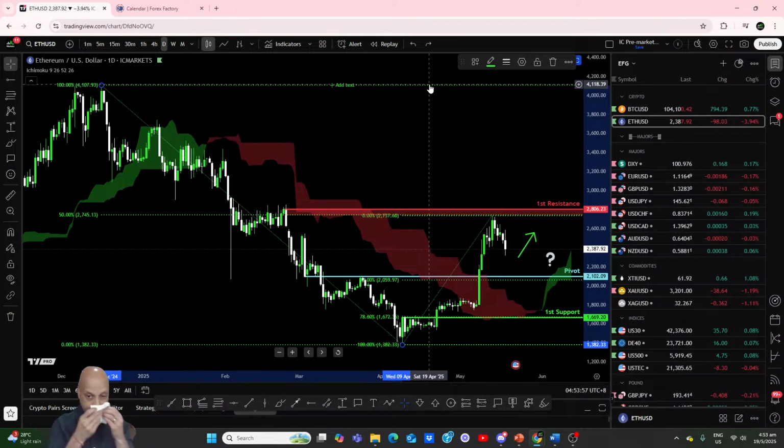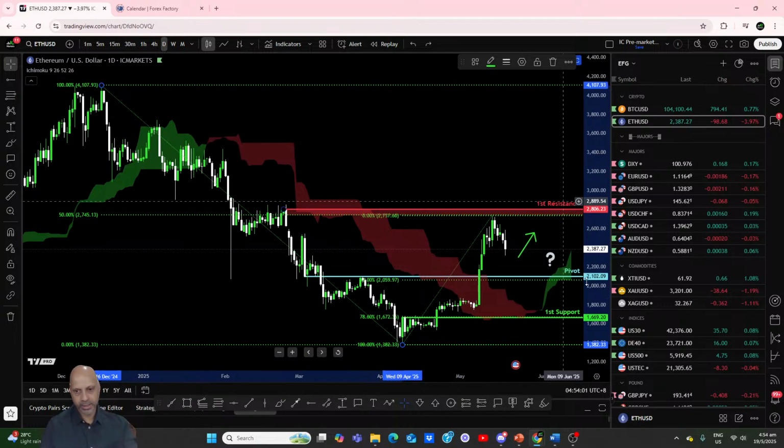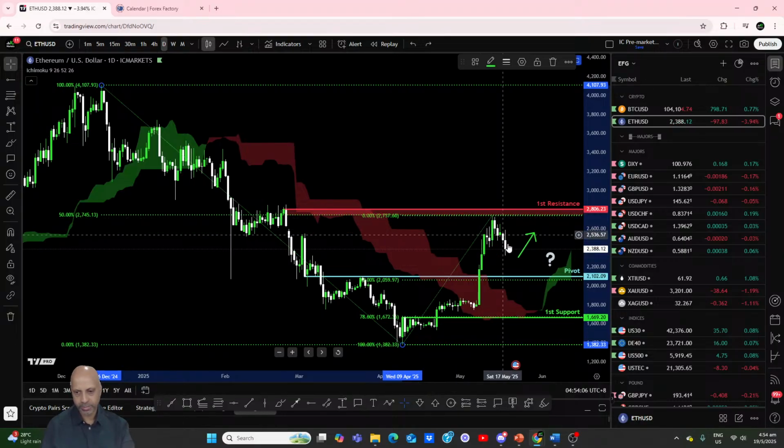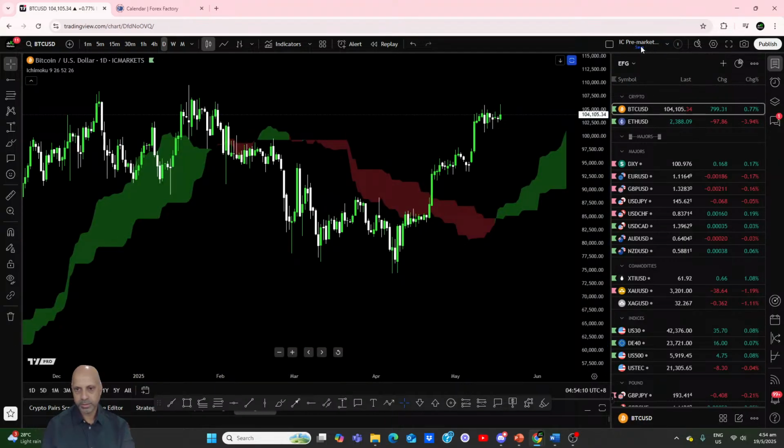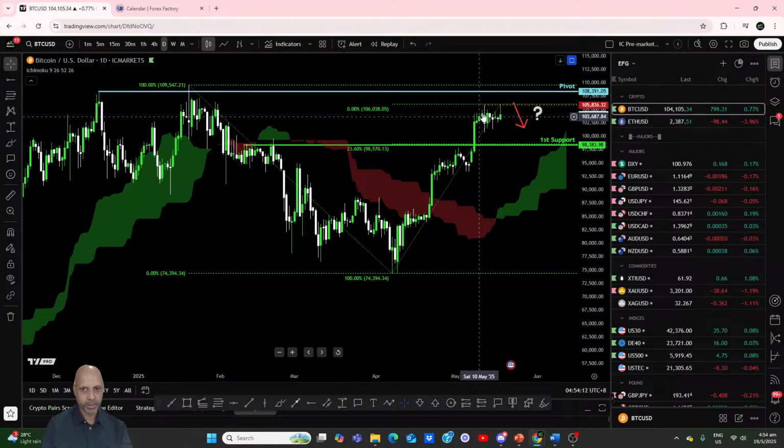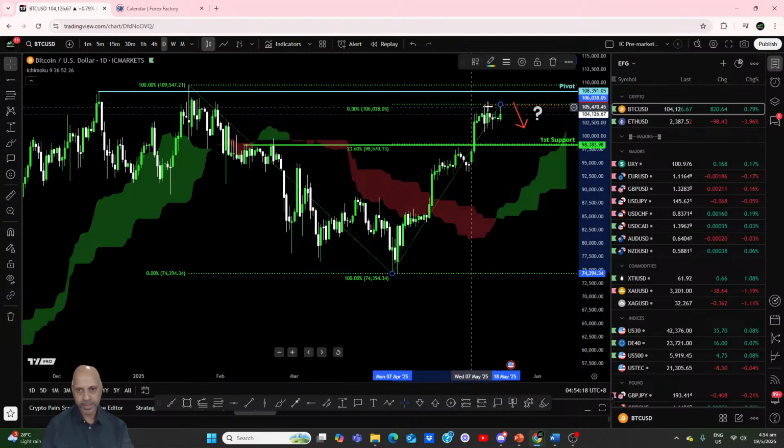So take note, we are seeing a much more noticeable and stronger correction for Ethereum. Since the high of Tuesday 13th of May, it's fallen 15%. Bitcoin is holding up much better after fading at around 106,000 pretty much on Sunday. It looks to be drifting lower as well.